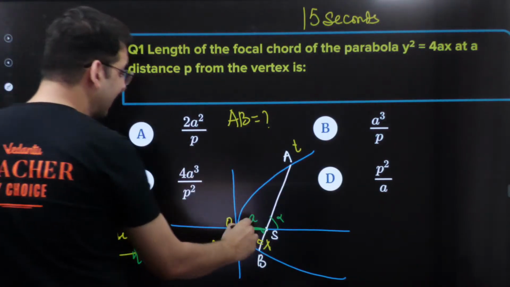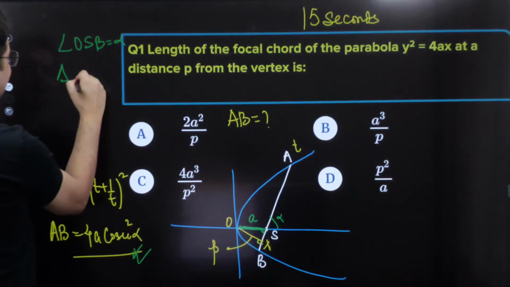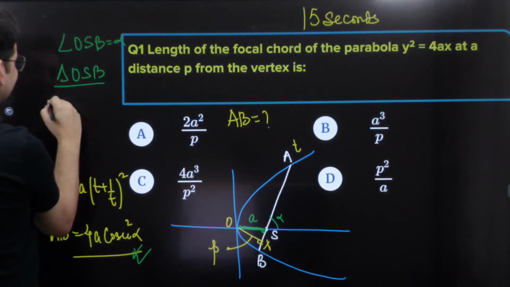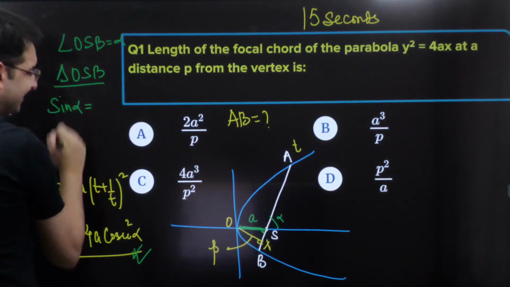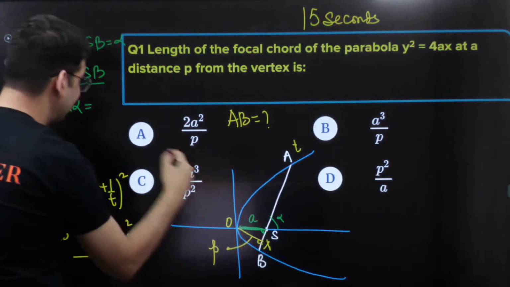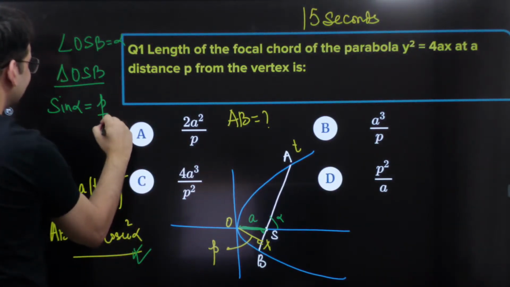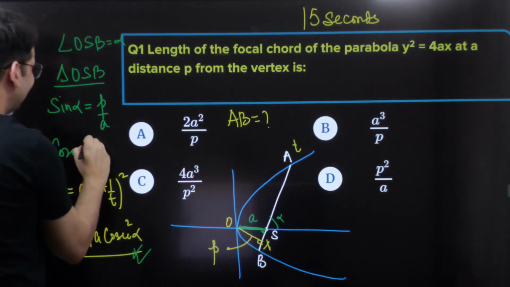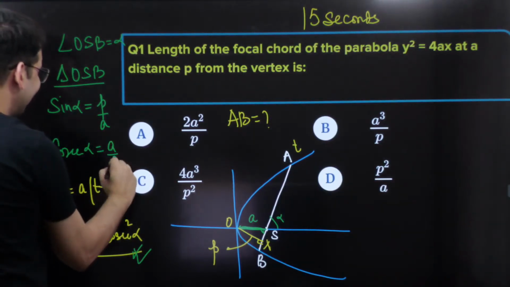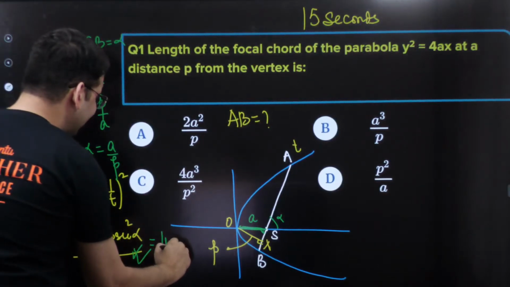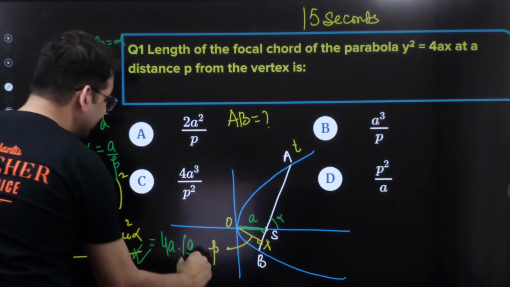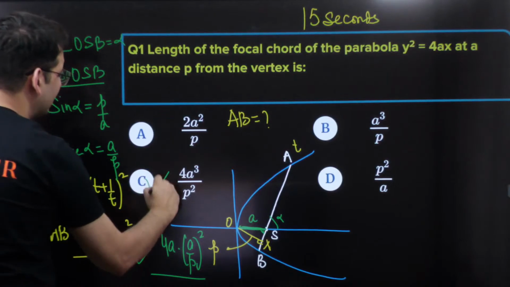And if we talk about triangle OSB, what is sine alpha? Just see how amazing this is. Sine alpha is perpendicular upon hypotenuse, that is P upon A. That means cosecant alpha is going to be A by P. And we are done. 4A into A by P whole square, that is 4A cube by P square, option C.